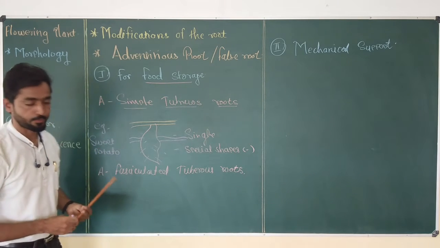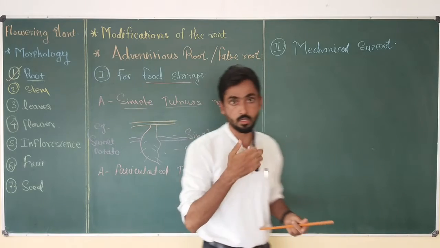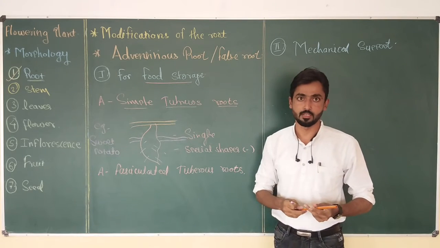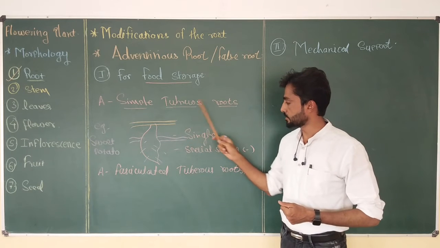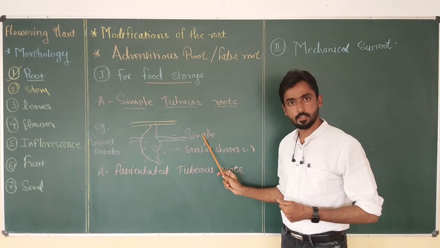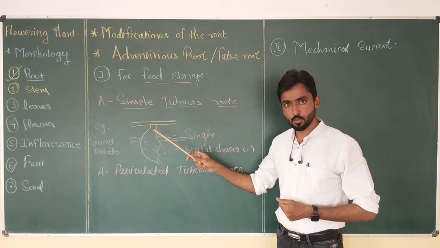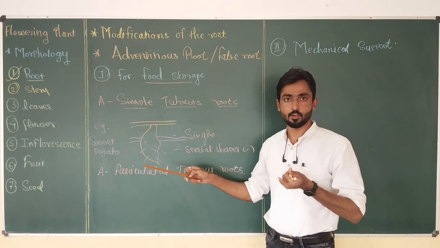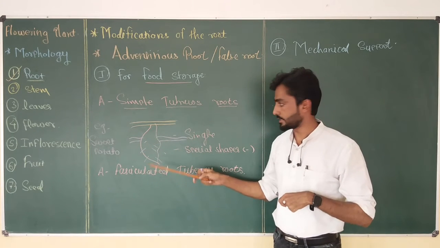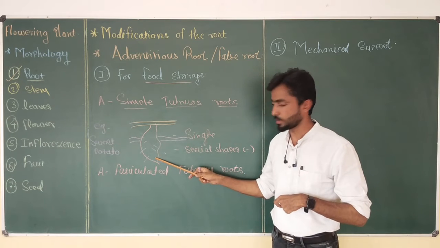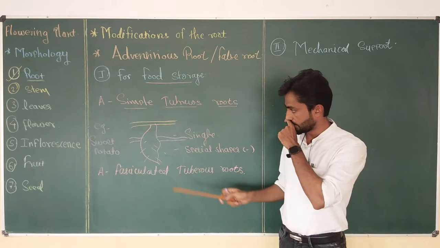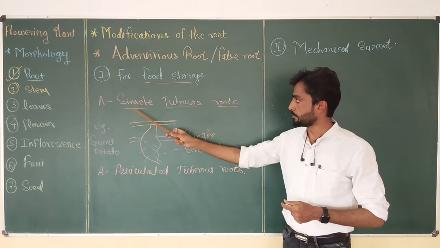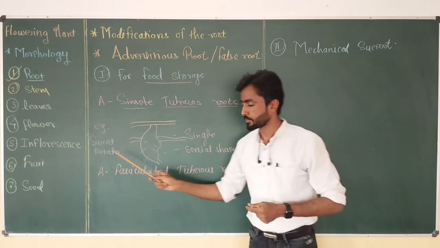The botanical name of sweet potato we can call as Ipomoea batatas. So sweet potato is the example of simple tuberous root which grows singularly on the stem, and after growth it penetrates or enters inside the soil and then grows below the soil surface, and the shape of the root is not fixed. So these are the characteristics of simple tuberous root with the example of sweet potato.